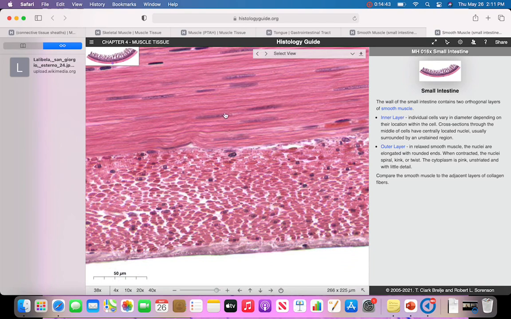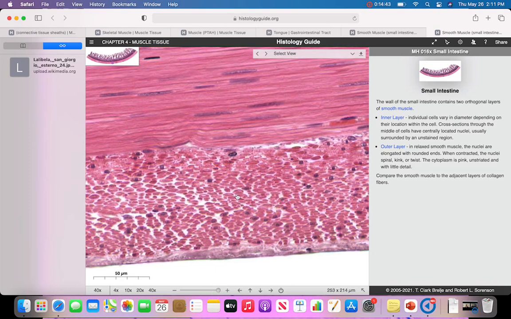So you can see the lighter staining nuclei. If we zoom in more in the transverse section, we cannot see the stippling. The cytoplasm is homogeneous because it's not striated. And here the smooth muscle is in a relaxing state. That's why the nuclei are straight.